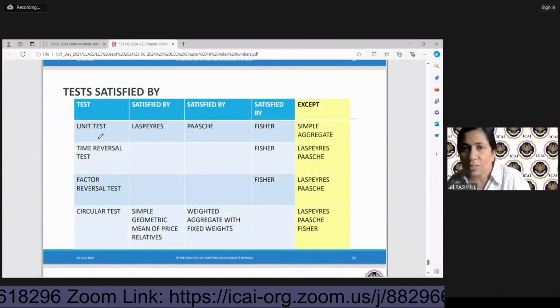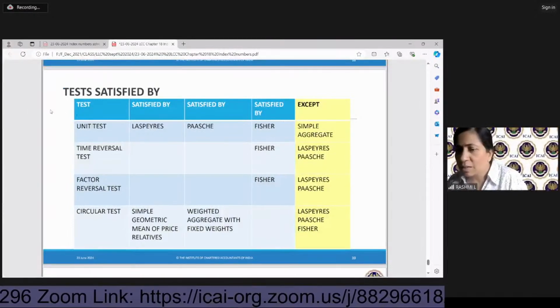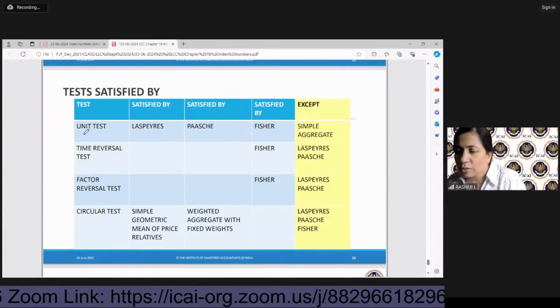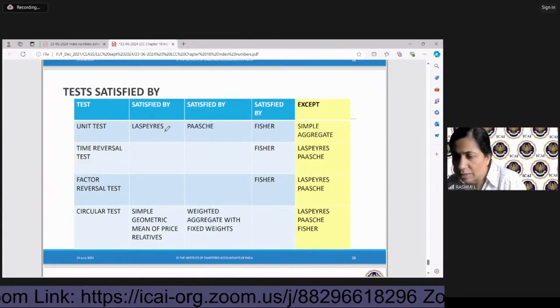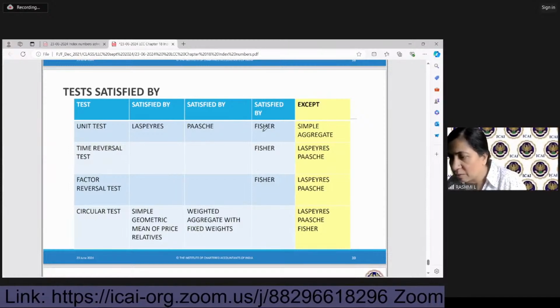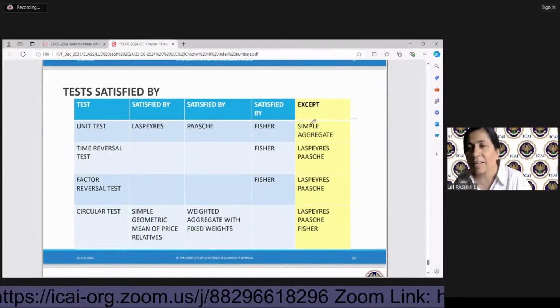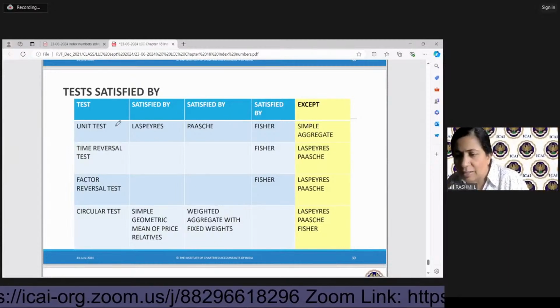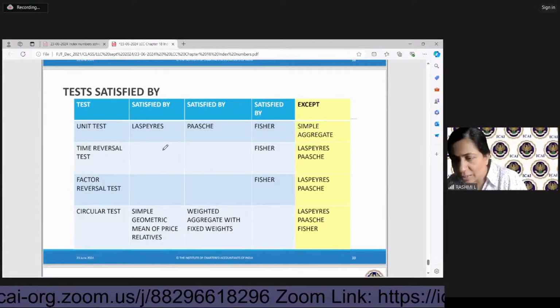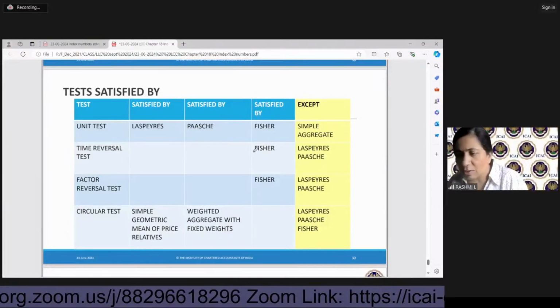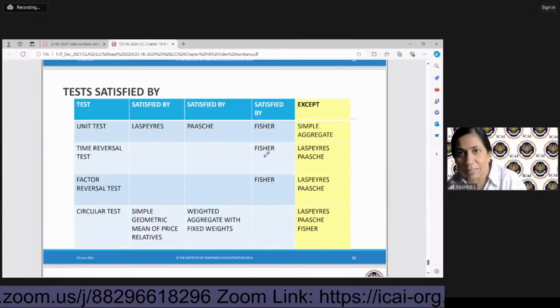So this is the small chart that I have made for your convenience. So unit test, it is satisfied by who? Satisfied by Laspeyres, satisfied by Paasche, satisfied by Fisher, except for the simple aggregate. These all are satisfying. Time reversal is not satisfied by Laspeyres, not satisfied by Paasche, but it is satisfied by Fisher.